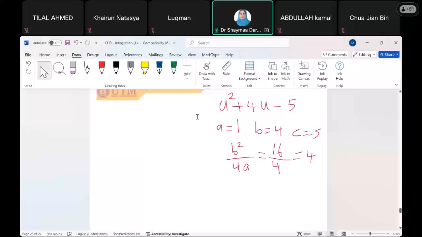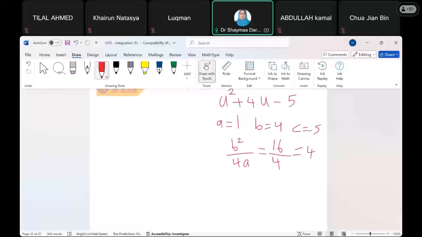So u square plus 4u minus 5 plus 4 minus 4. Now the completed square is the terms having u plus 4.